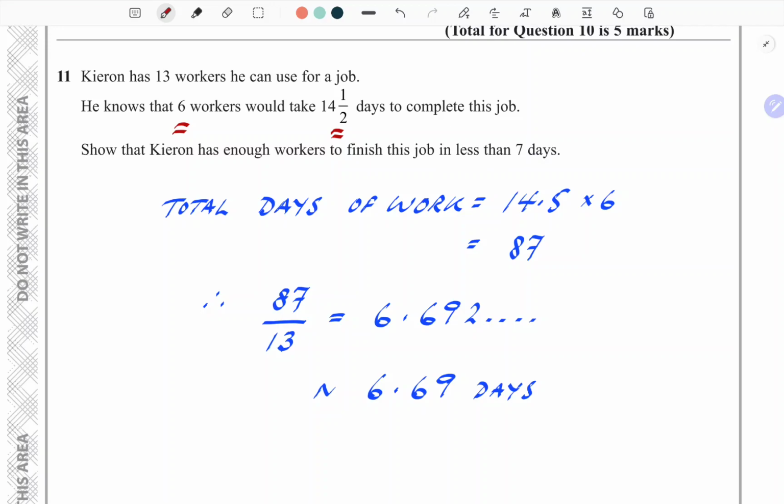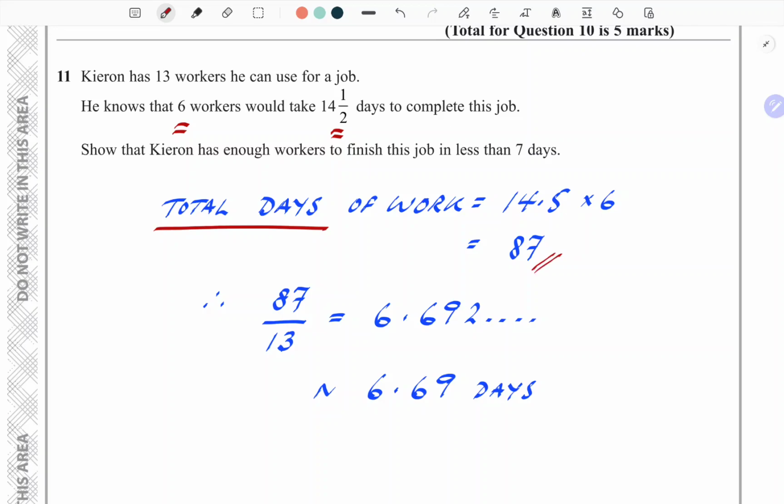First thing with these questions, always work out the total number of days or the total number of hours, whatever the question is based on. So in this case, you've got 14.5 times 6 workers, and so the total number of days is 87 days.